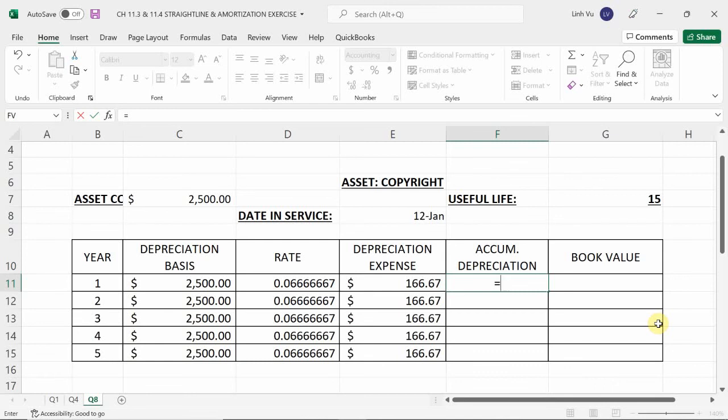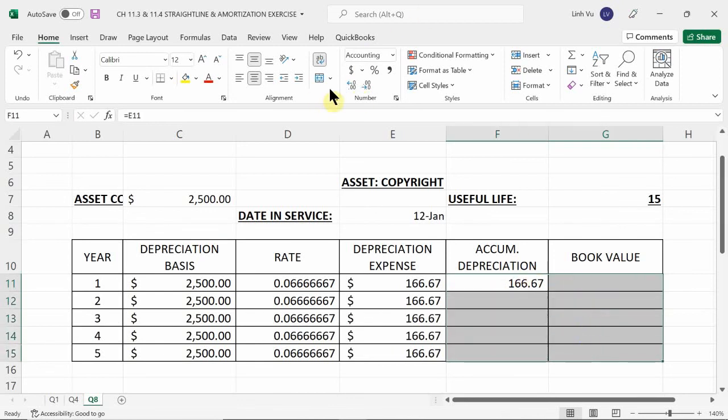So for the first one, how do I get it? You just answered there isn't any previous year. So if there's no previous year, that's just 0. Okay, 0 plus what? Plus the 166.67. All right. So what's 0 plus 166.67? It's 166.67.